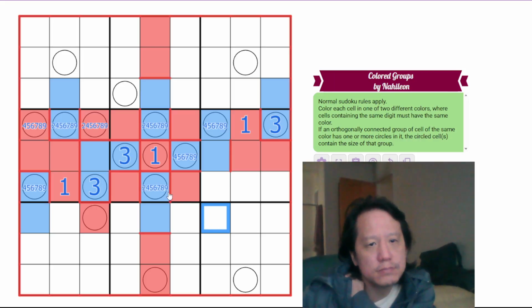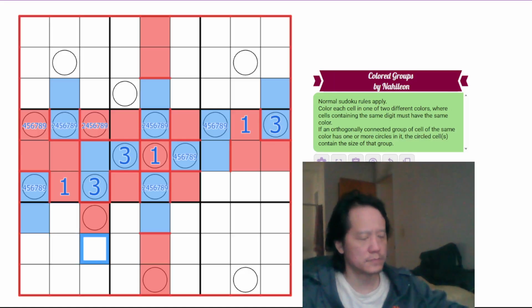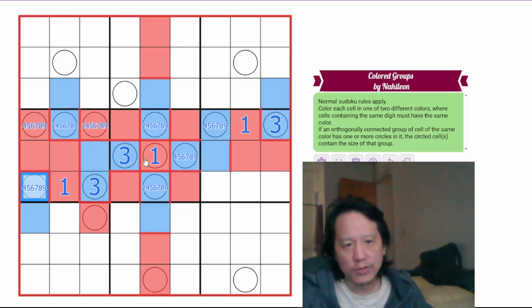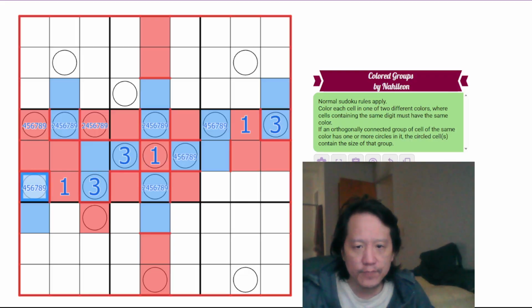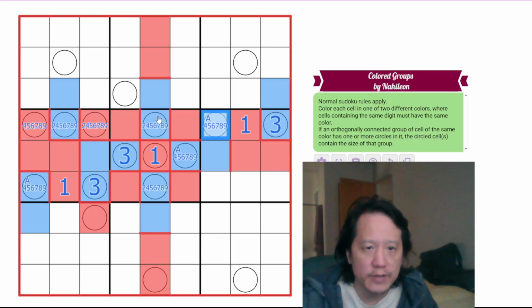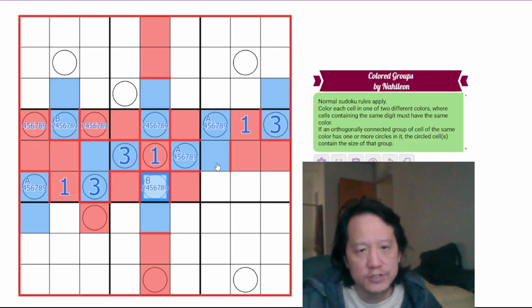Okay, so let's mark that. This is A. And that's A. That means this has to be B, which means it matches that, which means it matches that.